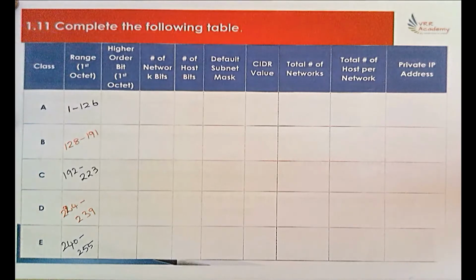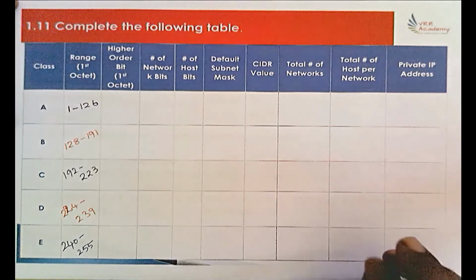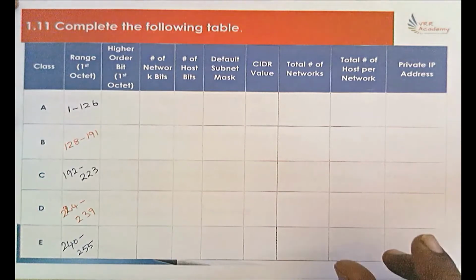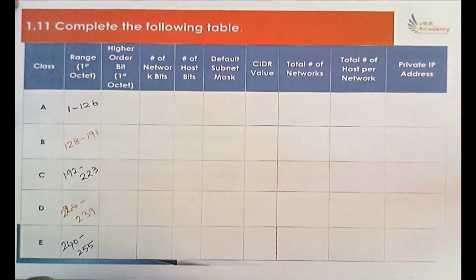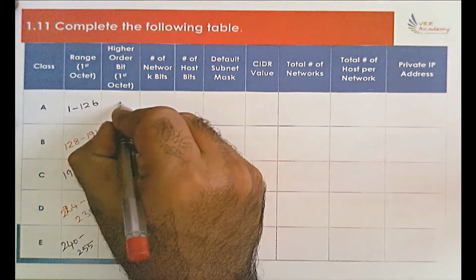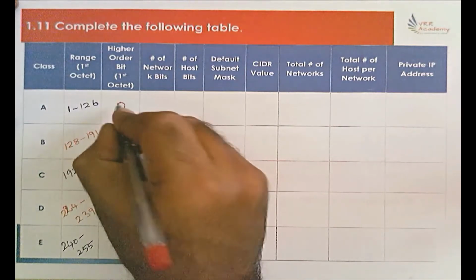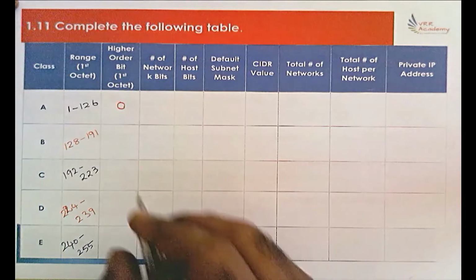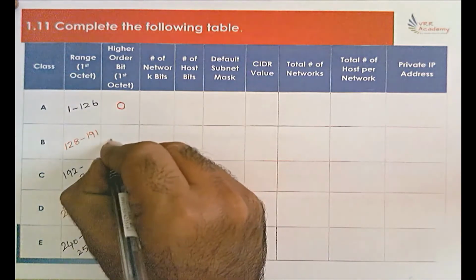Then moving on to the next one, higher order bit. The higher order bit in the first octet for a class A IP address will always be set to 0. For the class B IP address, the higher order bits in the first octet will always be set to 10.